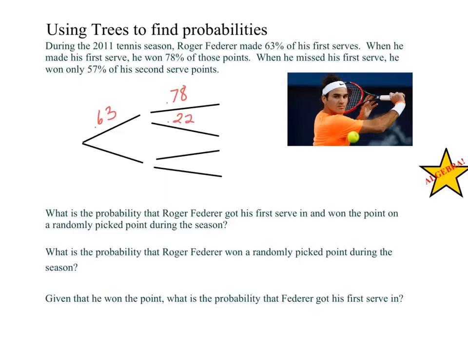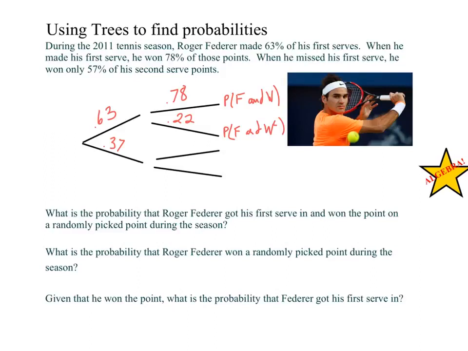So here at the end, I have the probability that he made the first serve and won the point. Okay? And down here is he made the first serve and he didn't win. I'm going to write win complement like that, meaning he didn't win. Okay? So the probability he didn't make the first serve, of course, is the remaining 0.37.